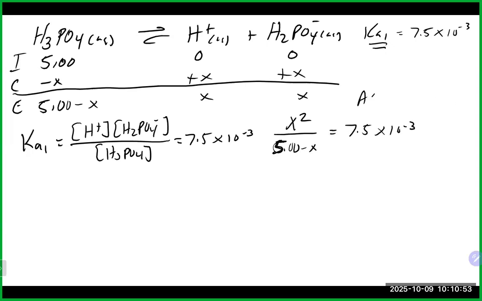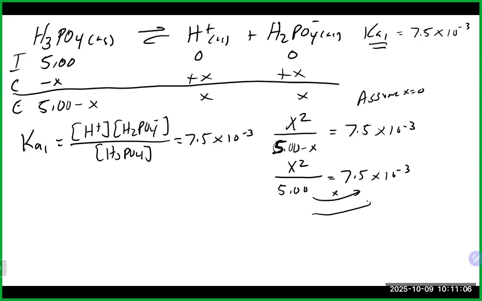I'm going to make an assumption here and assume x is approximately 0 in the denominator. That's going to give me x squared divided by 5 is equal to 7.5 times 10 to the -3. We're going to multiply that to the other side and square root it. We'll end up with an x value here of 0.194.